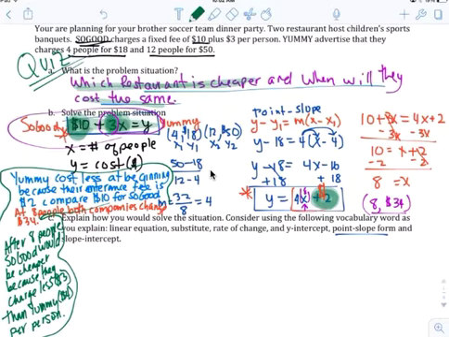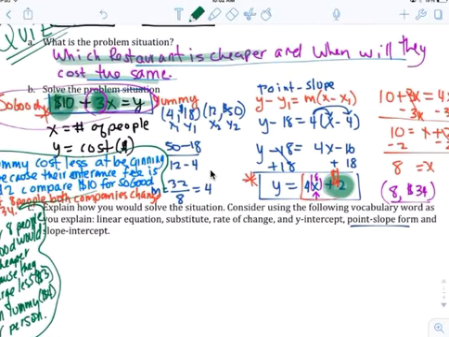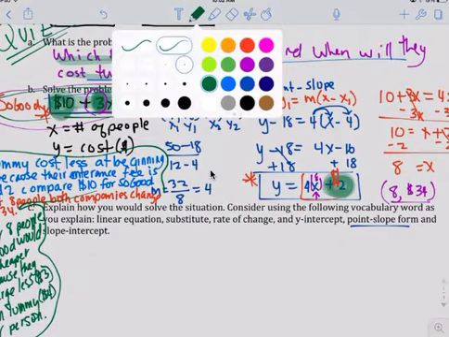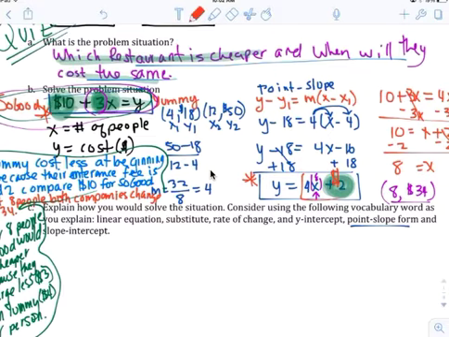Okay, how did we solve this? We first made the equation for So Good. That equation is called slope-intercept form.